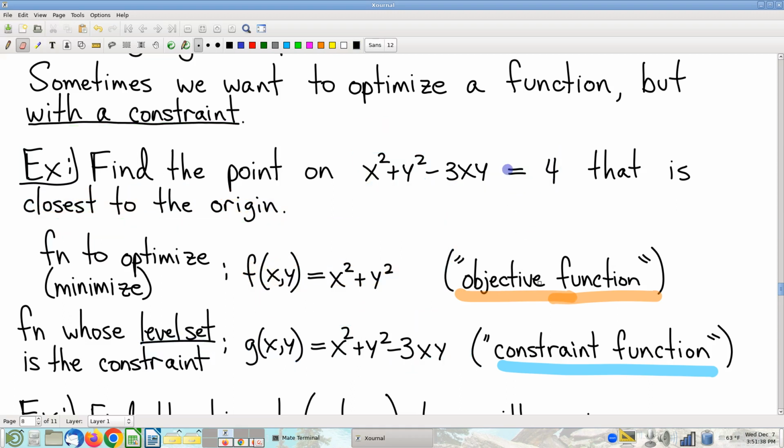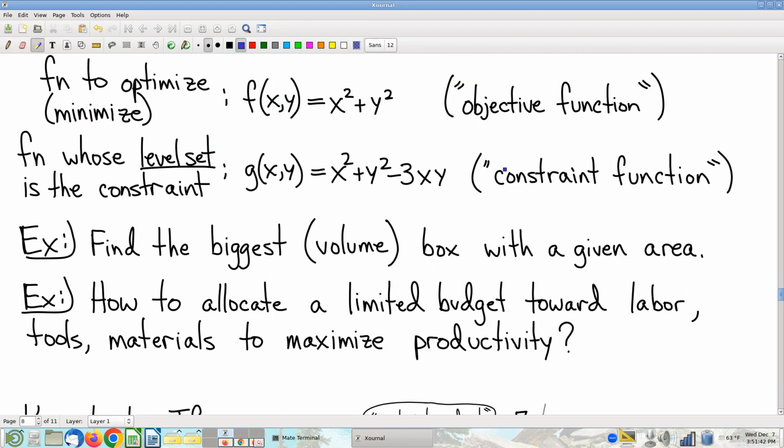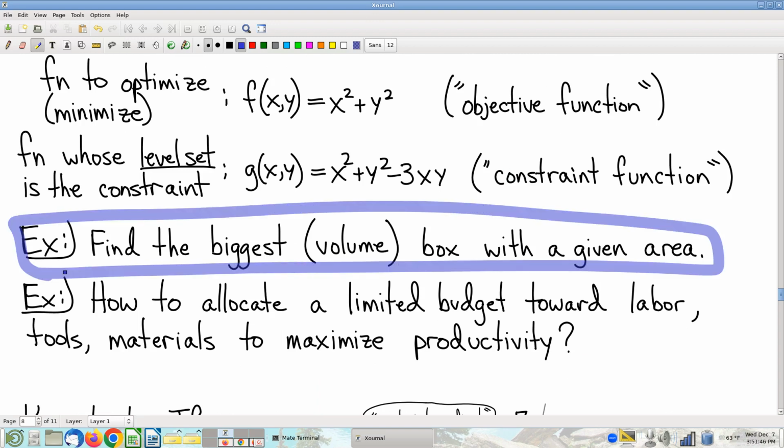Alrighty. A couple other examples. Suppose you want to find the biggest possible box that you can make with a given amount of area. And let's make it a rectangular box so we can't get too geometrically creative. But biggest possible rectangular box that you can make with a given amount of area.